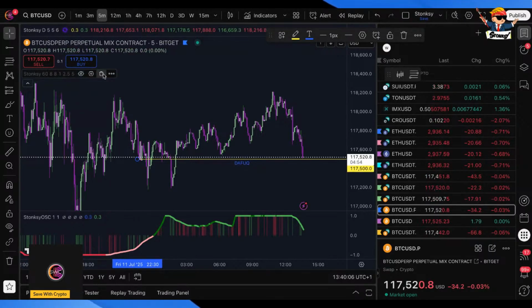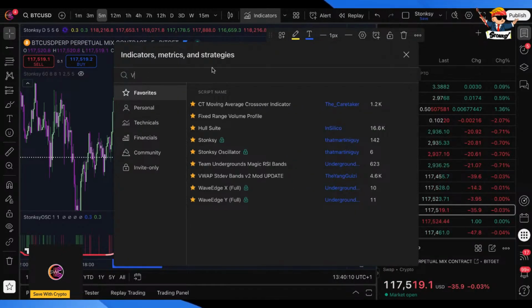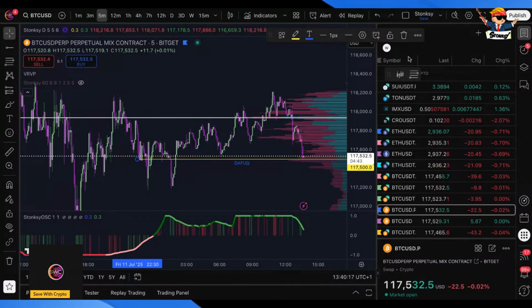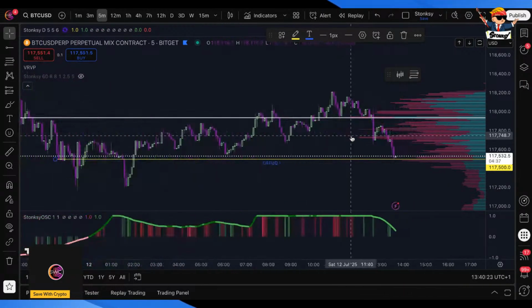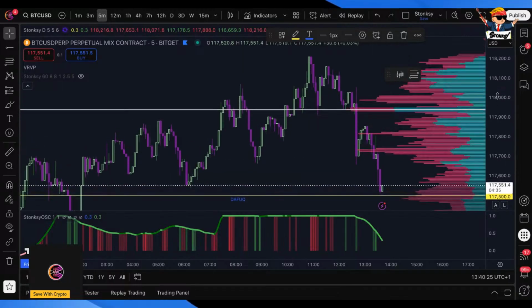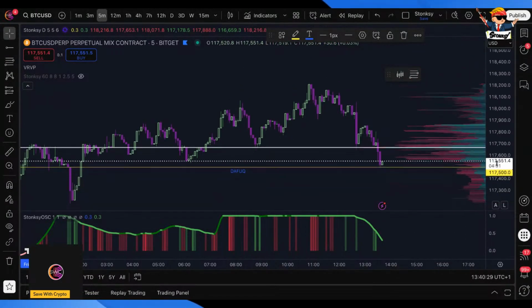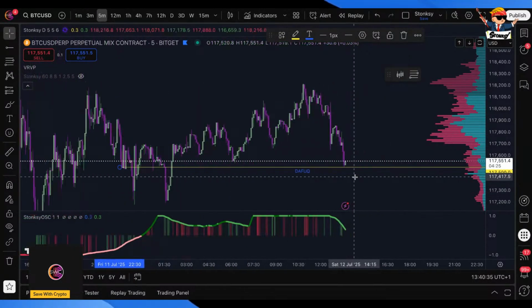And I suppose, even if you put on a VRVP, you'd probably see a reasonable amount of activity at that level. Yeah, okay. Depends how you zoom in, doesn't it? Yeah, I'll give you that.